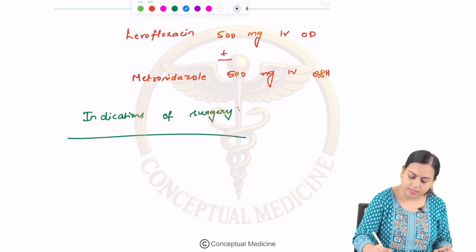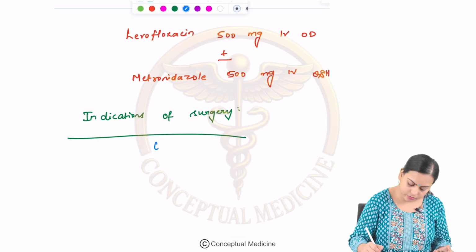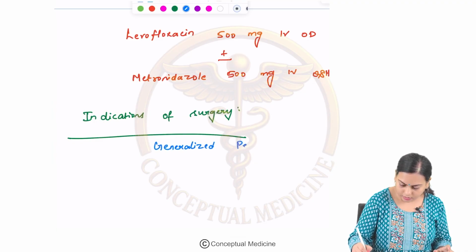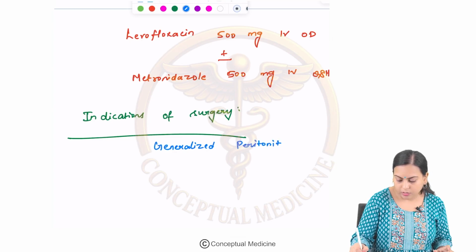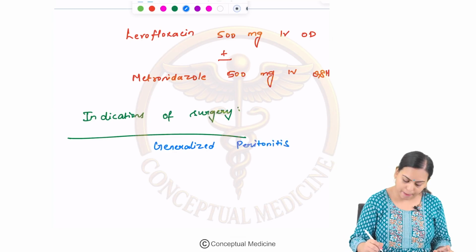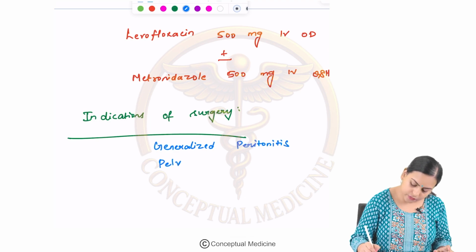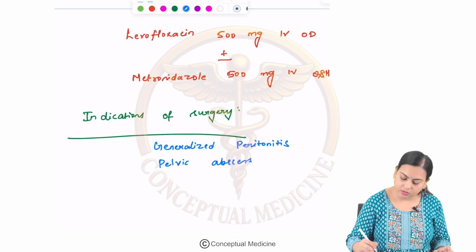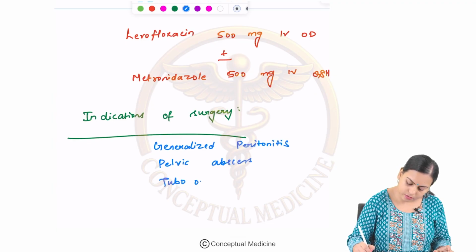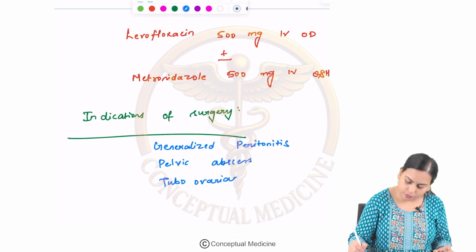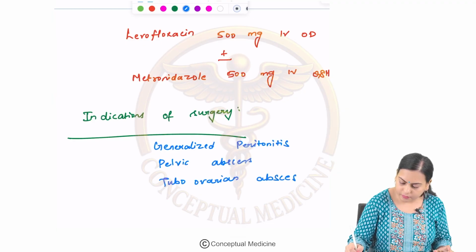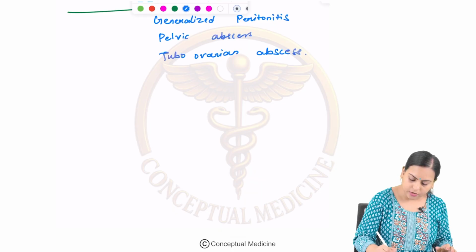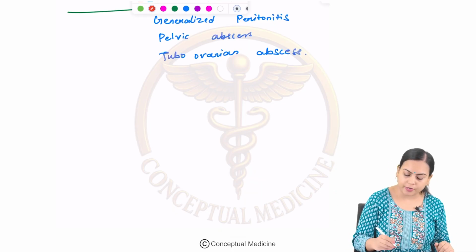Surgery is indicated when there is generalized peritonitis or pelvic abscess or tubo-ovarian abscess. Okay.